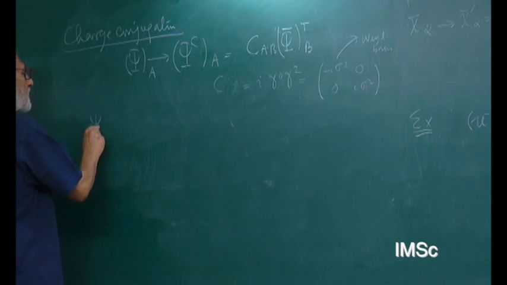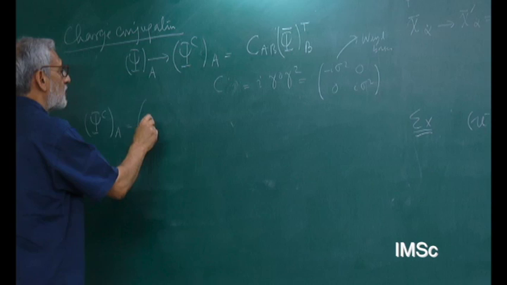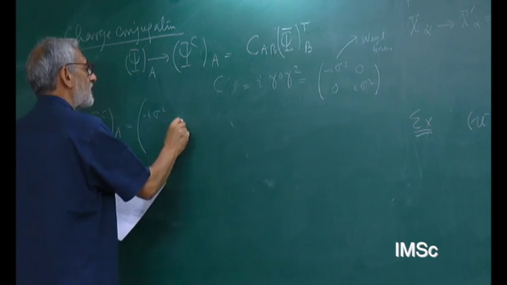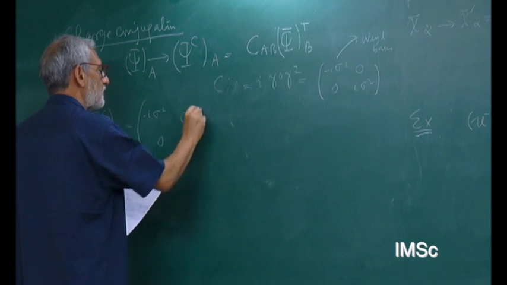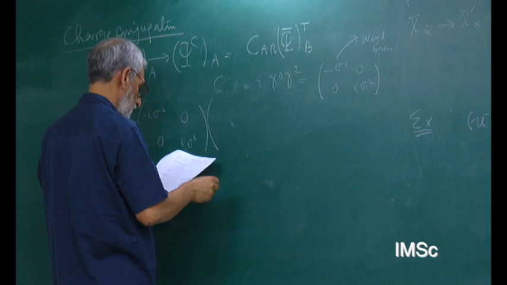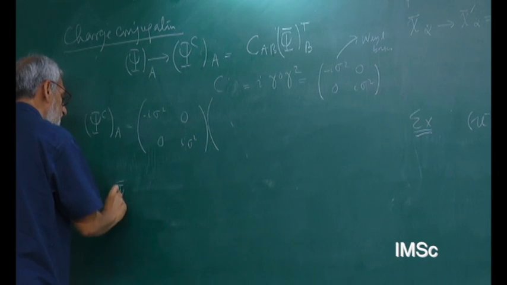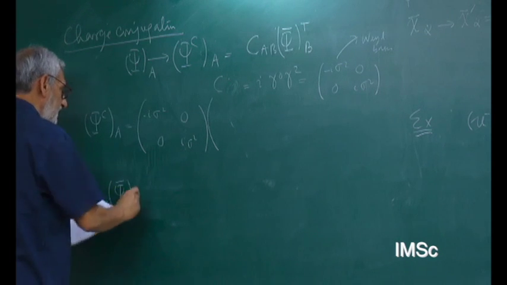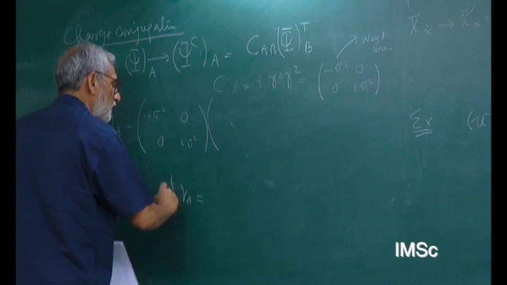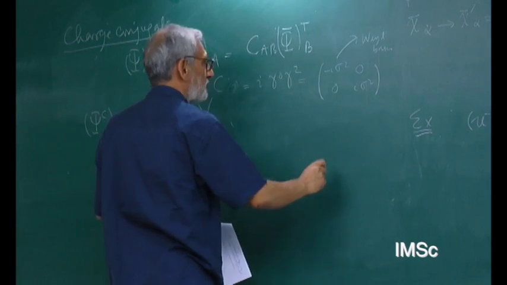So now let's break this into components. The charge conjugate of psi A is the charge conjugation matrix, i sigma 2 and minus i sigma 2 on the block diagonal, times psi dagger. Oh, sorry, psi bar is psi dagger gamma 0. Use the same definitions again, and let me write down psi here first.